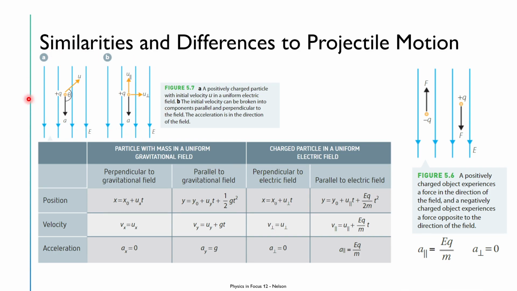First off, what I want to show you here is that if an object is moving through an electric field with an initial velocity, u, that should be quite familiar, we can break up that velocity into two components that are perpendicular to each other.